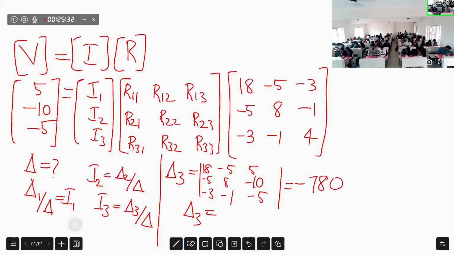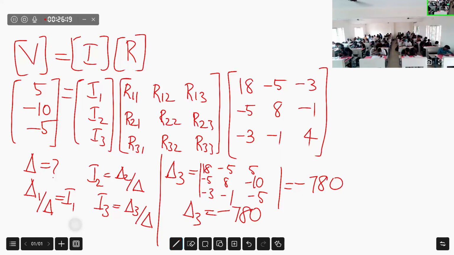So the del 3 value should be minus 780. Not getting that answer?